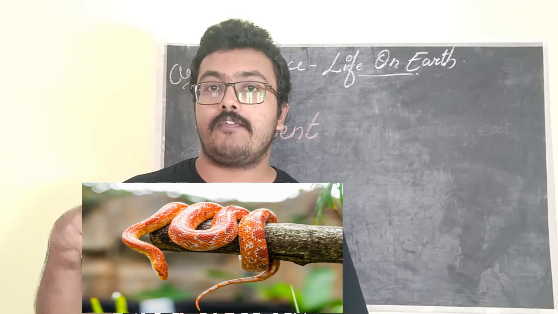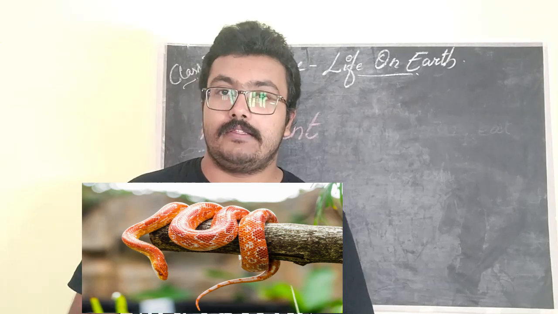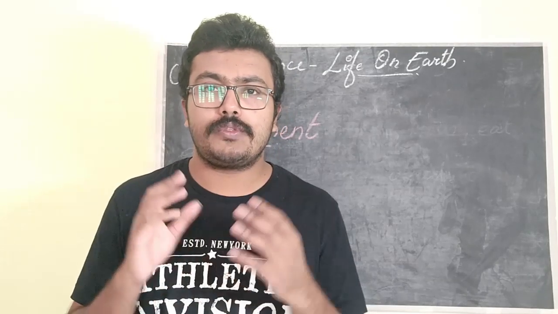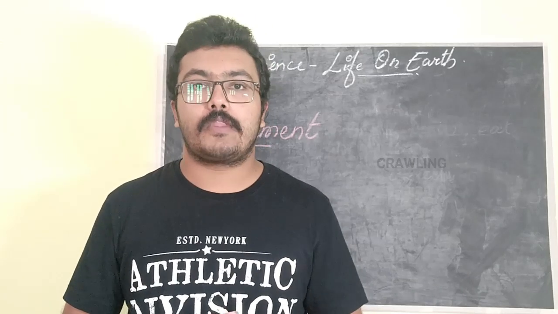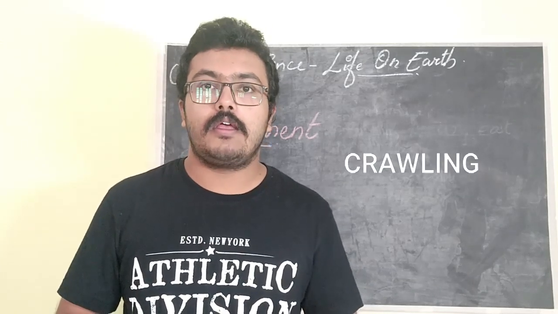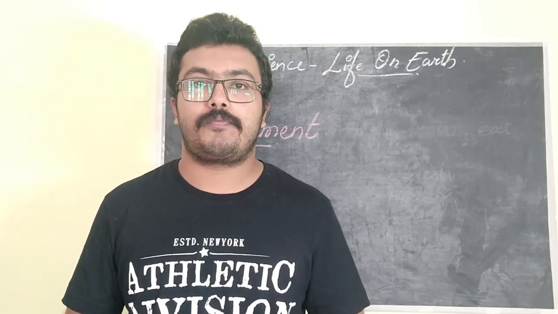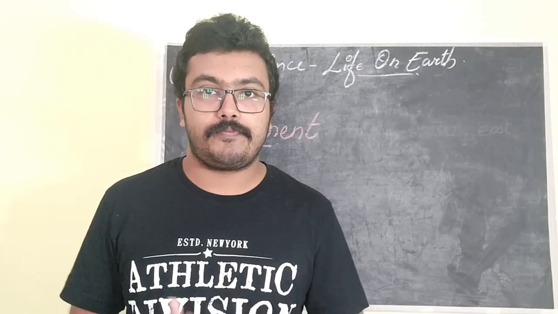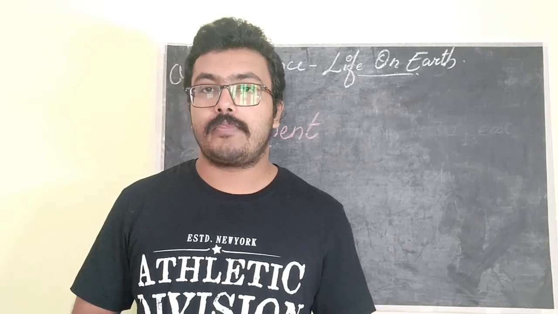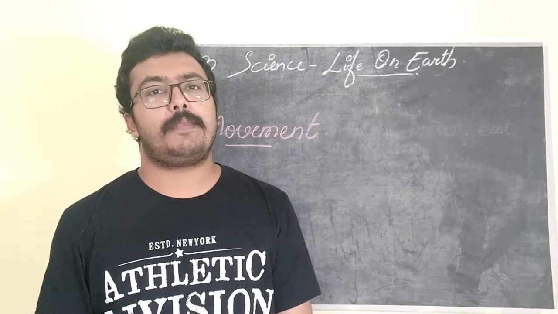The best example I can give you right now, because snakes don't have legs, you already know. How do they move? They move by the method of crawling. Crawling is a process that supports a snake to move. I hope you have understood how animals move around.